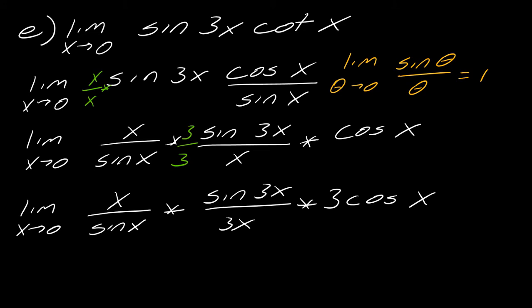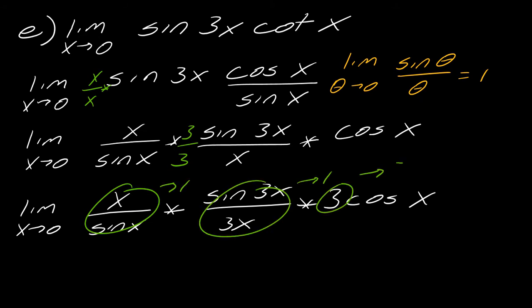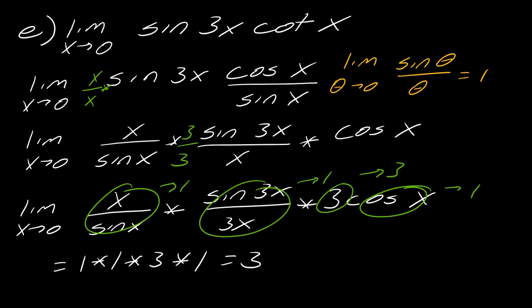Okay, now we can invoke this. This is going to go to 1, this is also going to go to 1, this is going to go to 3, and cosine of 0 is just going to go to 1. So what I'm left with here is 1 times 3 times 1. So this just equals 3.